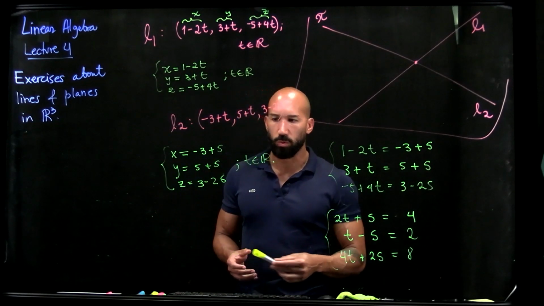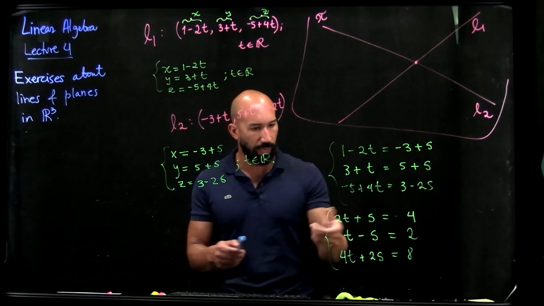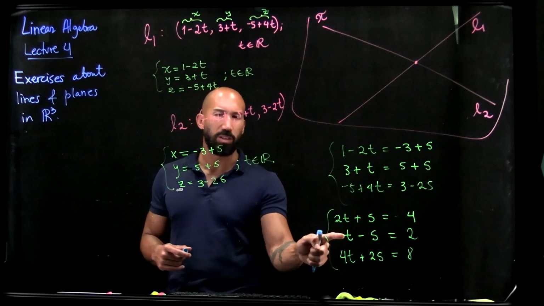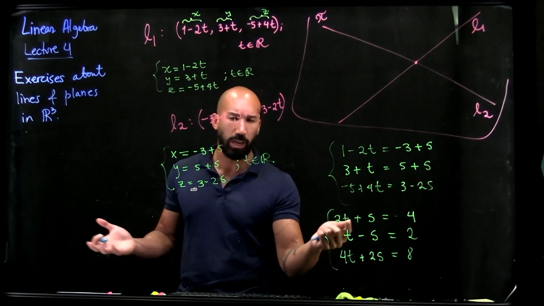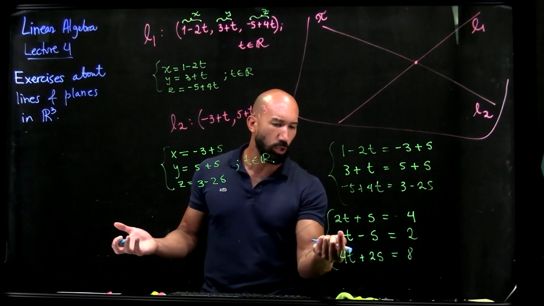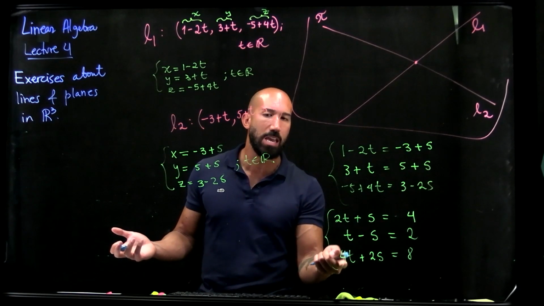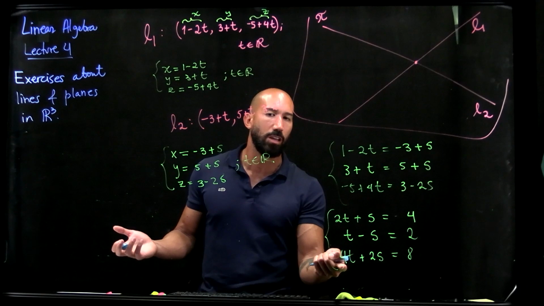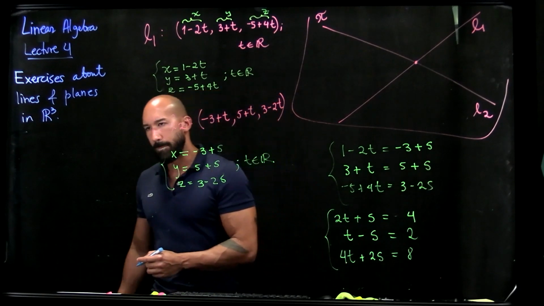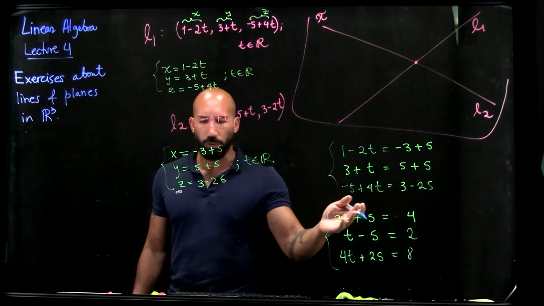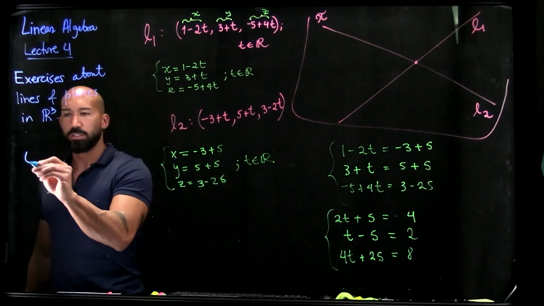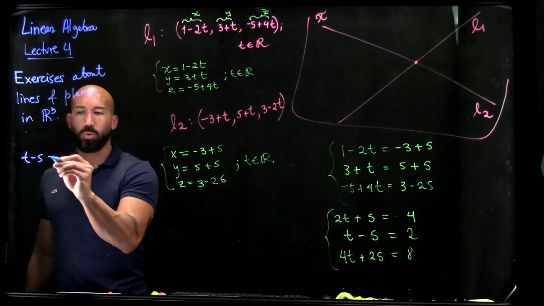I'm going to organize my system in a different way. I will put this equation on top just because I have this beautiful coefficient 1 here, and I will use it to eliminate those terms containing t on the other equations. Okay, so t minus s equals 2.